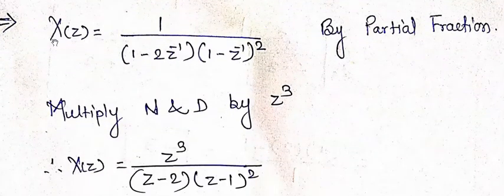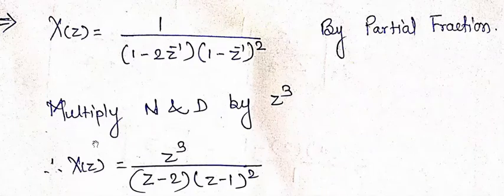X of z will be equal to 1 upon (1 minus 2z inverse) into (1 minus z raised to minus 1) square. By solving it, it is clear that the denominator will be in terms of z cube, meaning the maximum degree will be 3.